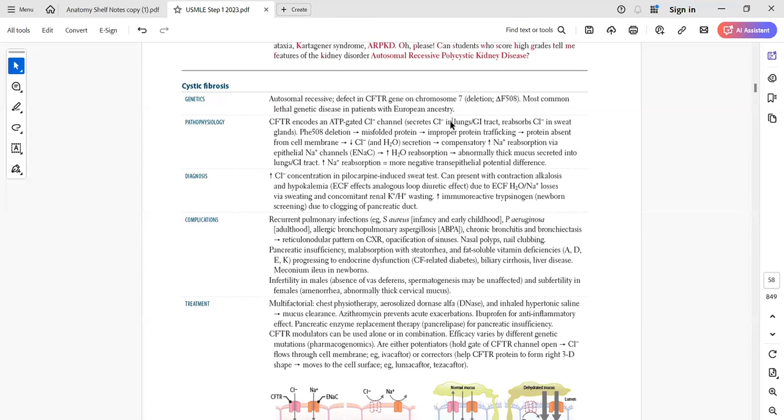If there is increased chloride concentration, it could also present with contraction alkalosis and hypokalemia, because obviously water is being lost, sodium is being lost, and when water and sodium are lost, the body automatically goes into contraction alkalosis and hypokalemia. So there's wasting of potassium, wasting of water, and pooling up of chloride.